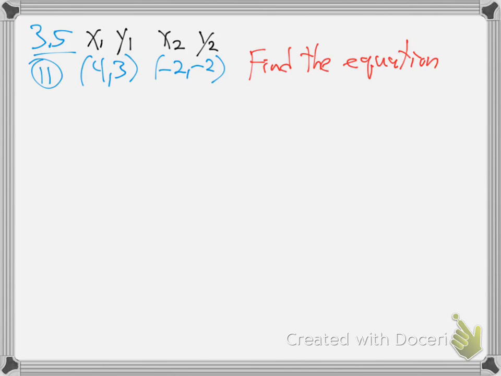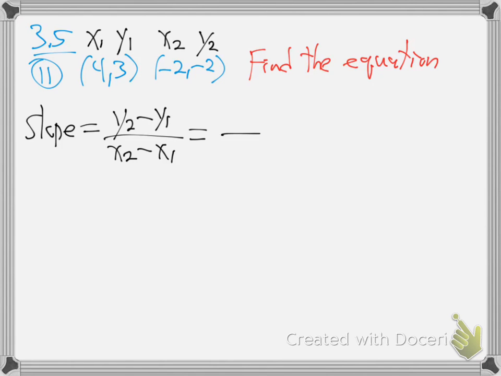It's all good? And then slope equals y2 minus y1 over x2 minus x1, right? So that's going to be y2 minus y1 over x2 minus x1. Is that good?